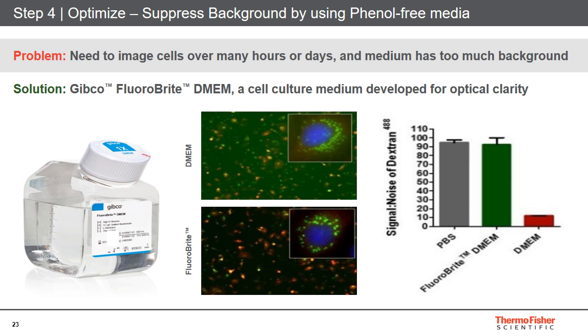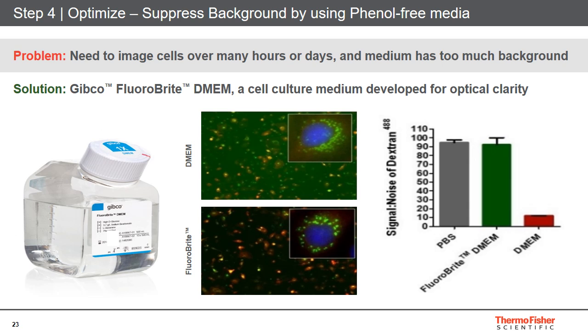What we can see is a couple of representative images of regular DMEM with all the components, including the phenol red, and then on the bottom we have a representative image of cells being imaged in this optically clear FluoroBrite DMEM.